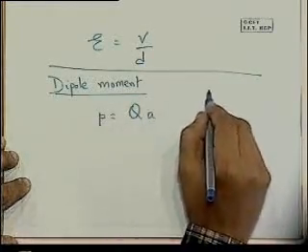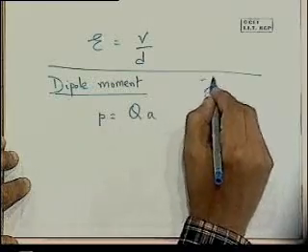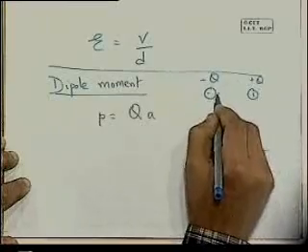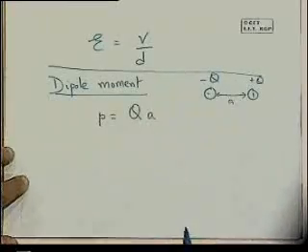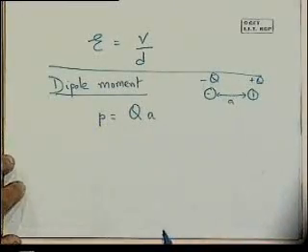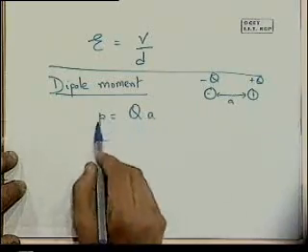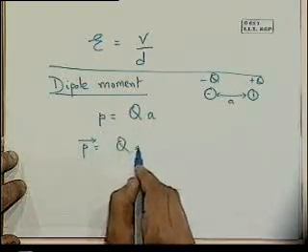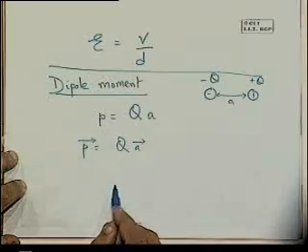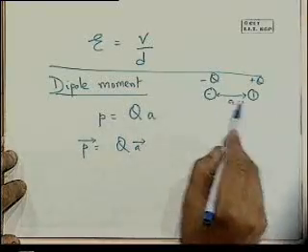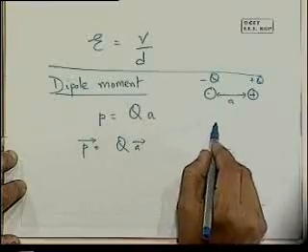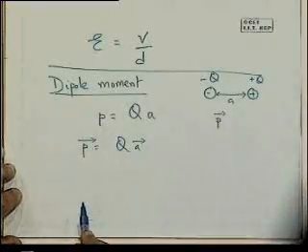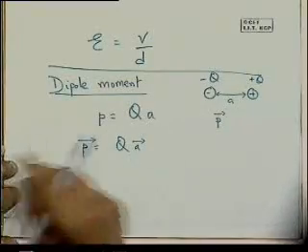If we have two charges, a negative charge and a positive charge, separated by a distance A, then the dipole moment is simply given by QA. Note that the dipole moment is actually a vector directed along A. A is in the direction from the negative charge to the positive charge. So we have a dipole moment directed from the negative charge to the positive charge.